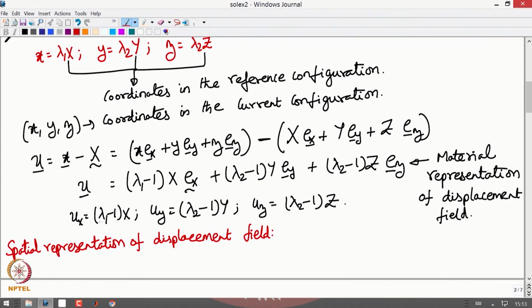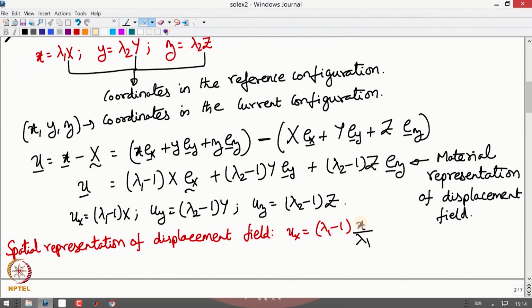to get the components of the displacement field represented in terms of the current coordinates. That is, now ux would be lambda 1 minus 1. From this equation I can write capital X as small x by lambda 1. So, I have replaced capital X by small x by lambda 1.